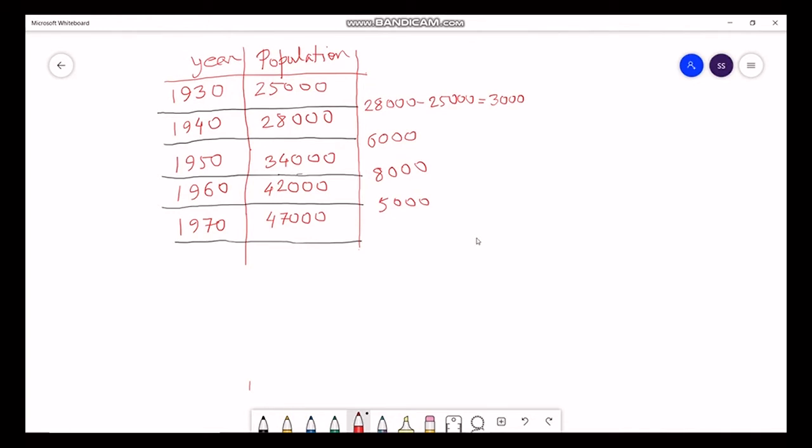So the column is increase in population.